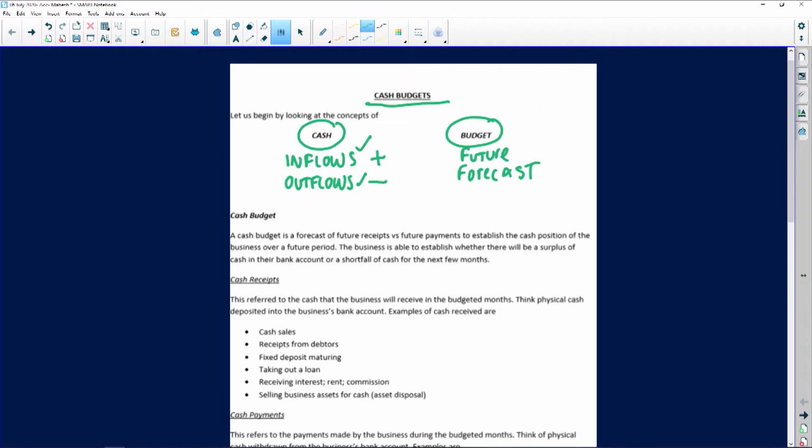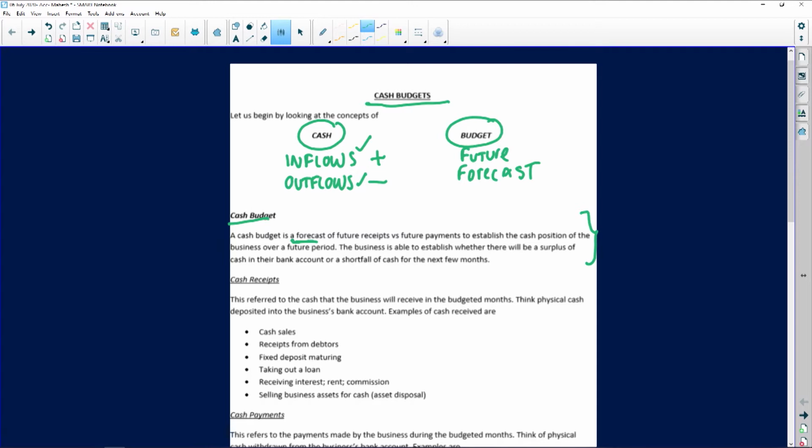So a cash budget looks at a business's bank account, where you're trying to establish the balance of that bank account in the future. So the actual definition of a cash budget, and I know there's a lot of repetition at the moment, but this is important because this often appears in your exam where they ask you to explain what a cash budget is: a cash budget is a forecast.